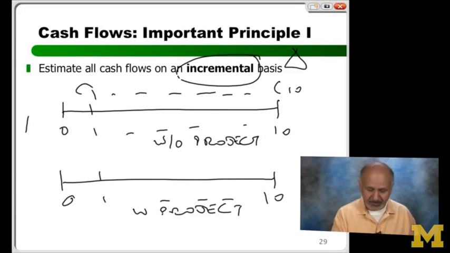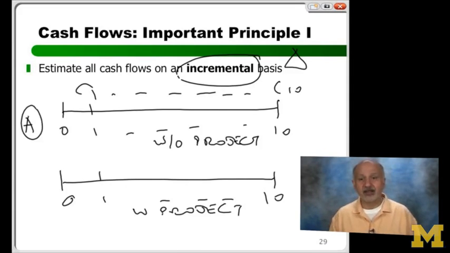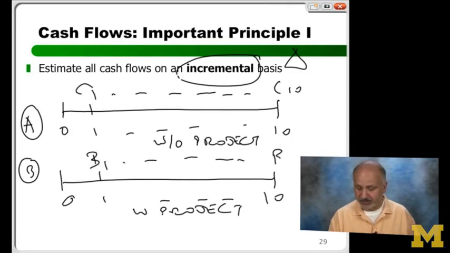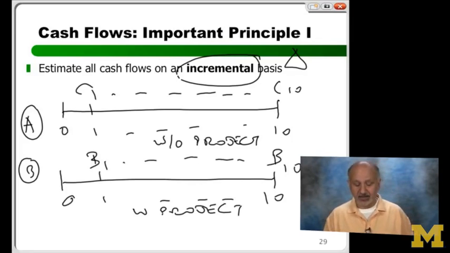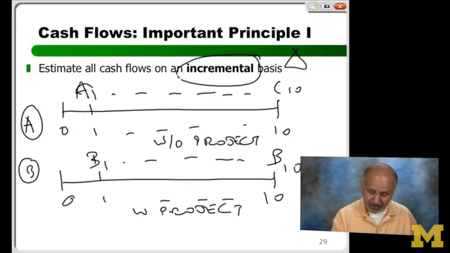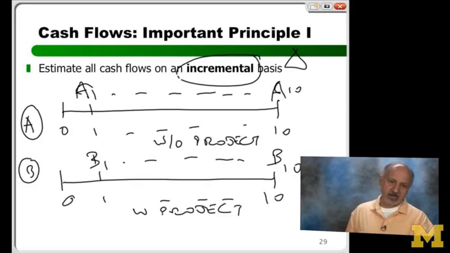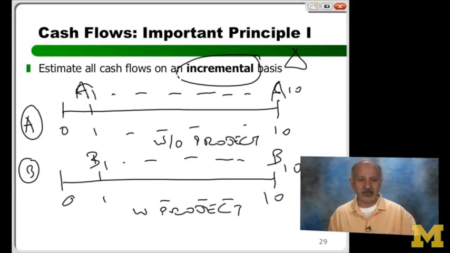Everybody call this line A, without project. You're going to exist without the project, right? Now do it with the project, and you'll have a line B with numbers here. Let's call them, for simplicity's sake, B1 through B10. You can call these cash flows A1 through A10, if that makes you happier. But remember, A's and B's are just signifying the cash flows without the project and with the project.